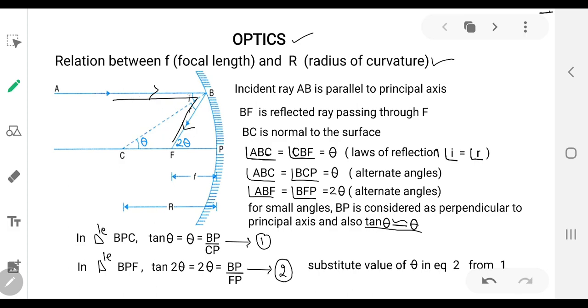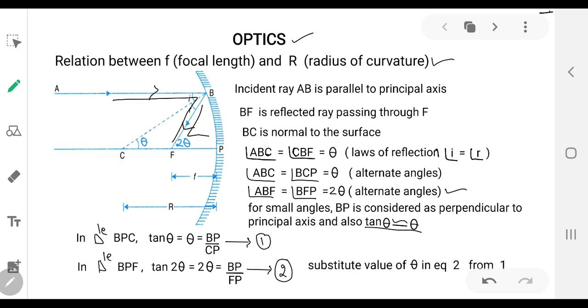Angle ABF includes both I and R, so your ABF becomes theta plus theta, that is 2 theta. It is equal to BFP. They are alternate angles, so you can write ABF is equal to BFP, which is equal to 2 theta.